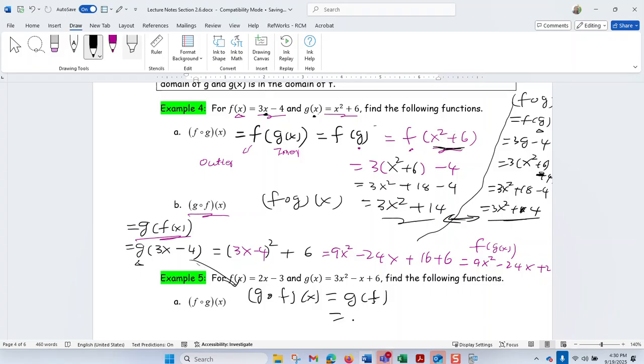So now this will be f squared plus 6, because g of x is x squared plus 6. And then how much is my f? My f here is 3x minus 4. So these two are the same, and then you do the same calculation. So that is the second way you can do the composition.